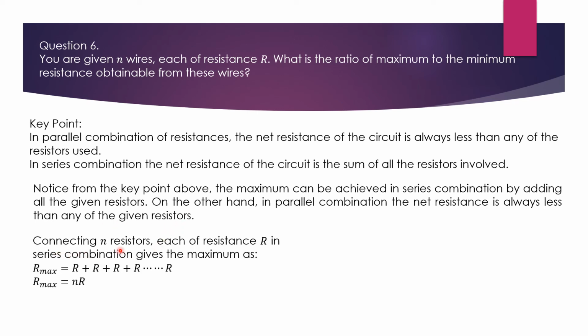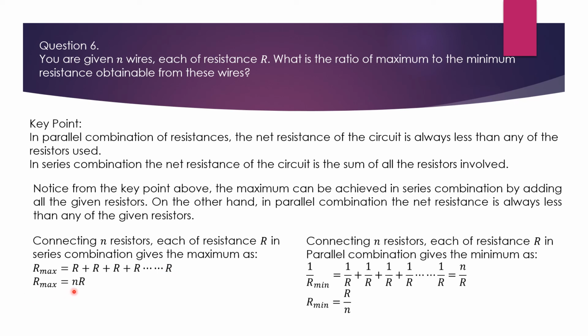So connecting n resistors, each of resistance R, in series combination will give R max, R plus R plus R plus R up to n times, so R max will be n times R. Similarly, connecting n resistors, each of resistance R, in parallel combination gives the minimum, as 1 over R minimum will be equal to 1 over R plus 1 over R plus 1 over R. This will result in n over R, and R minimum will result in R over n.